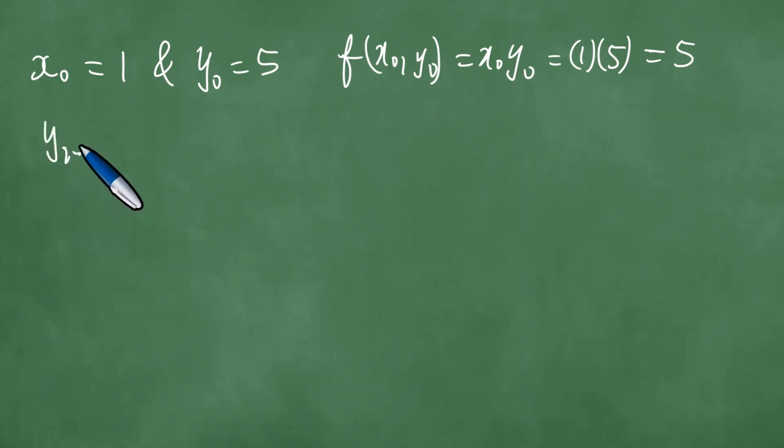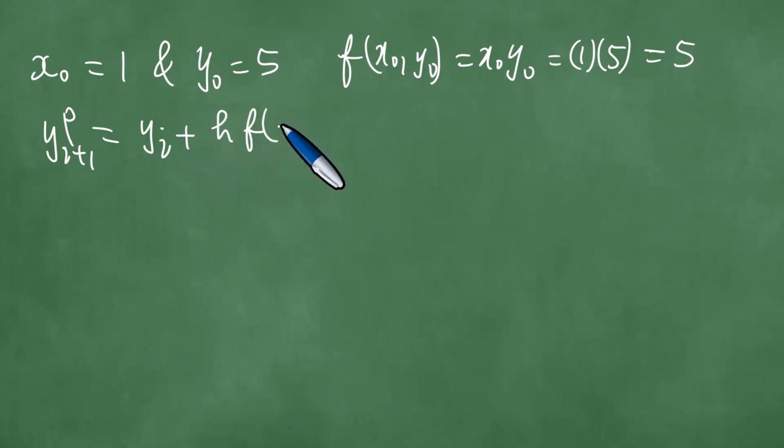The predictor is yi plus 1, which is yi plus h f of xi, yi, like this. Okay, so this is the predictor. But now we're going to use it to get what we want.